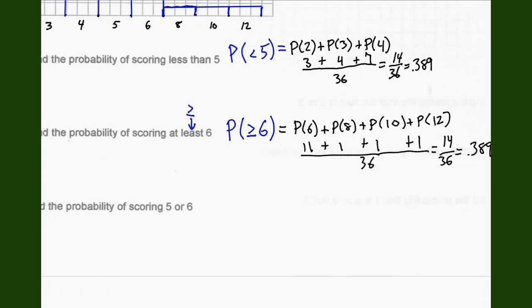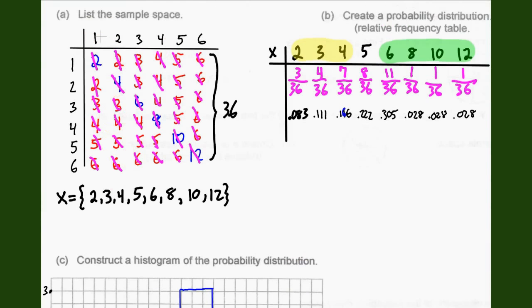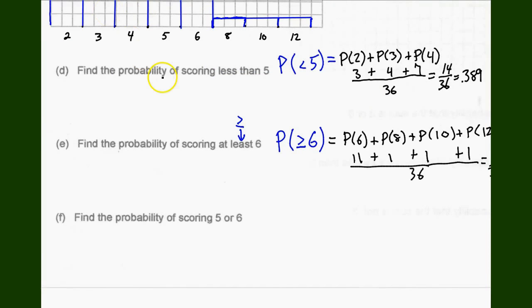About scoring a 5 or a 6. Scoring a 5 or a 6. That'd be these two, right? So we'll have probability of 5 plus the probability of 6.